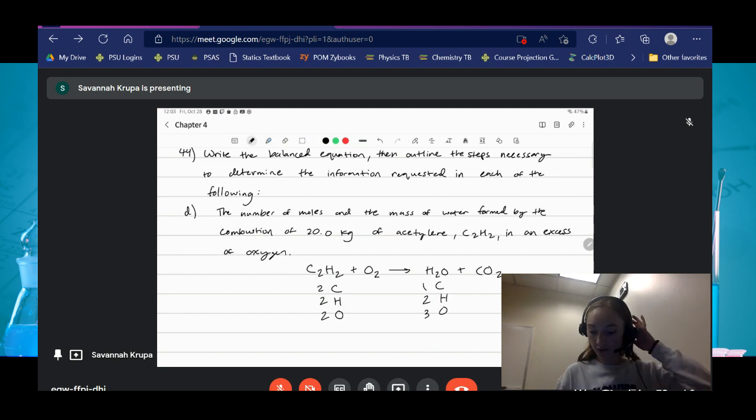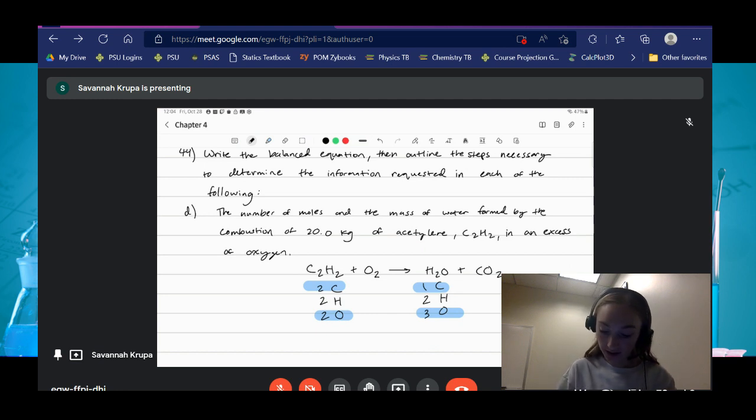So because we have a different amount of oxygen as well as carbon, we're going to target those. So we will put a 2 on the CO2.